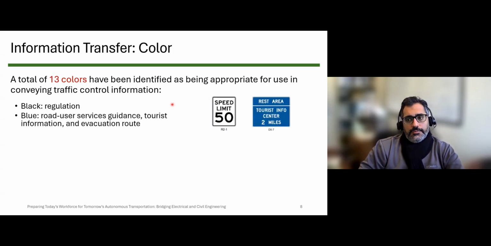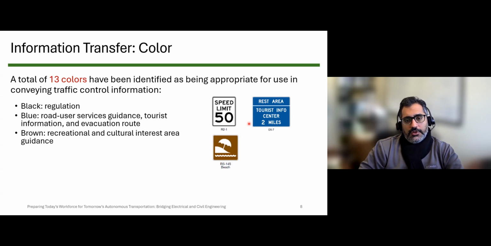Next one is blue. It is road user service guidance, tourist information, and evacuation roads. So it's usually a blue background with white text, like if you want to show rest areas or touristic areas, this is the color that we use. We have brown that shows recreational and cultural interest area guidance.